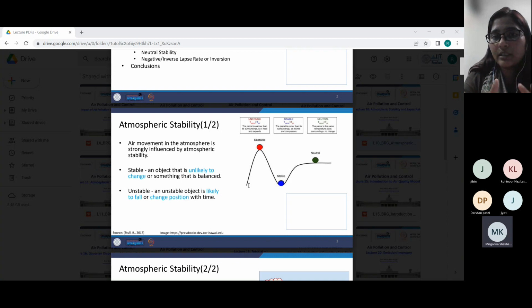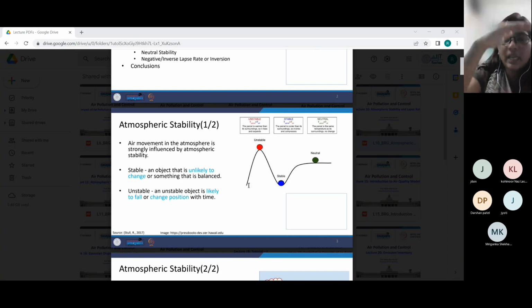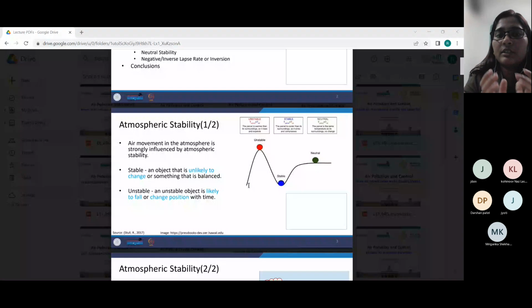In such cases, the temperature of the parcel will be less than the temperature of the ambient air, and that is why, instead of going above, it will tend to sink down. And when it sinks, it compresses.